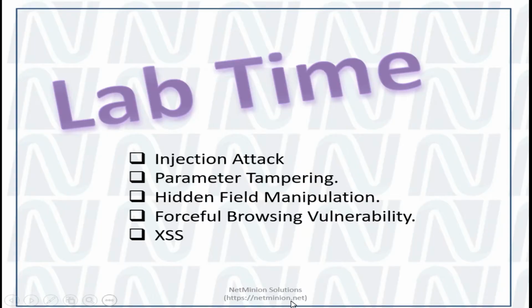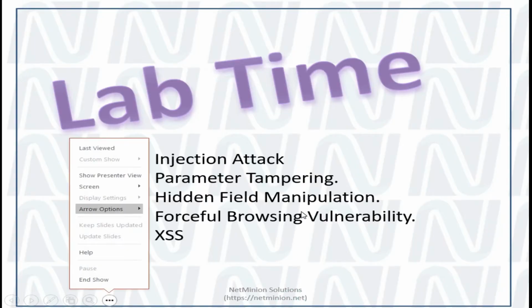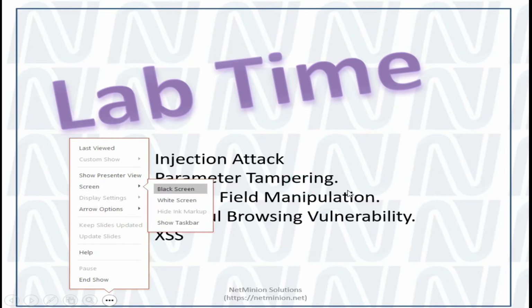Then forceful browsing vulnerabilities. Now when we say that we are forcefully doing something over here, what we are doing is finding out maybe some files related to the database, some password files, some admin files. Those files should not be rendered to the hacker.